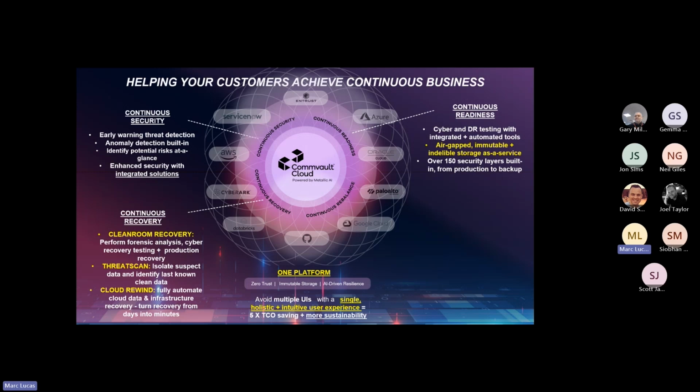Threat scan, scanning the data when it's being backed up, identifying something that's suspect, and then giving your customers a timeline that they can use to rewind to identify last known good. And Cloud Rewind, we talked about how complex it is to recover those public cloud environments. Cloud Rewind makes that much easier, much more automated, and much faster.